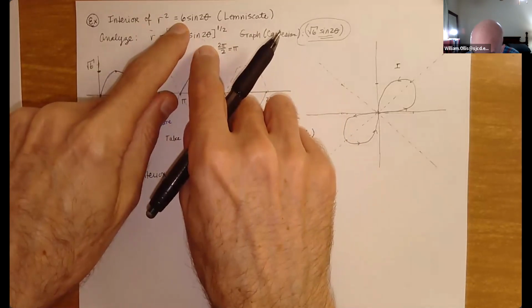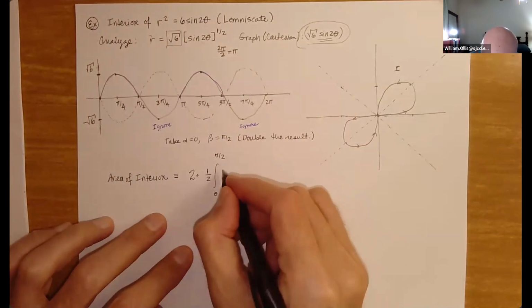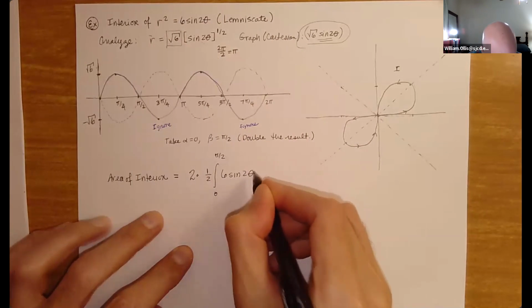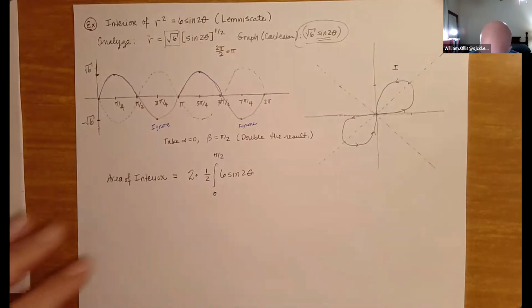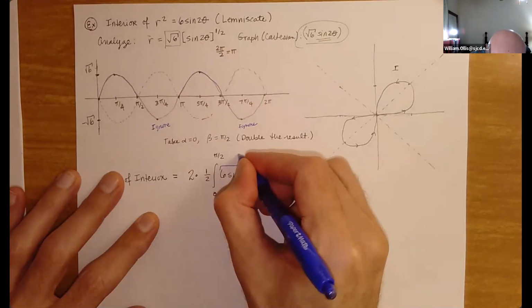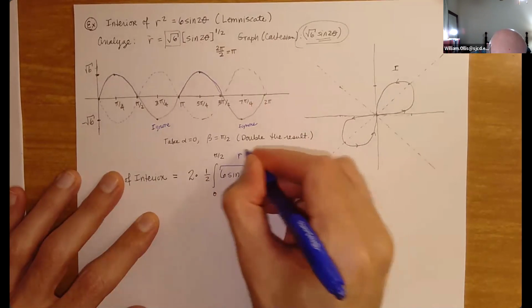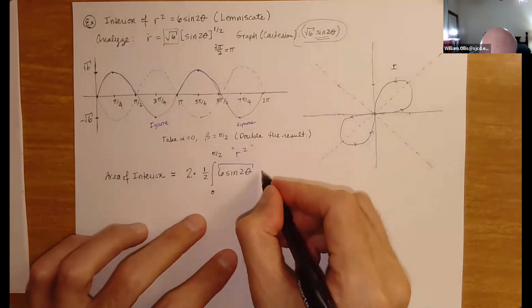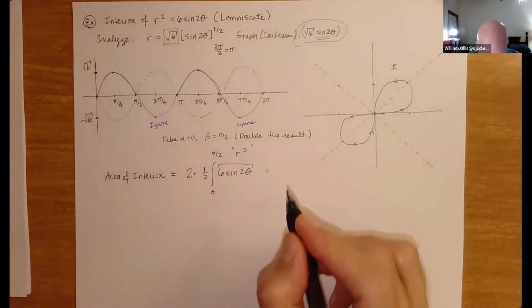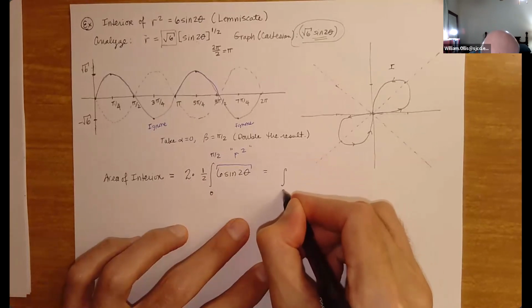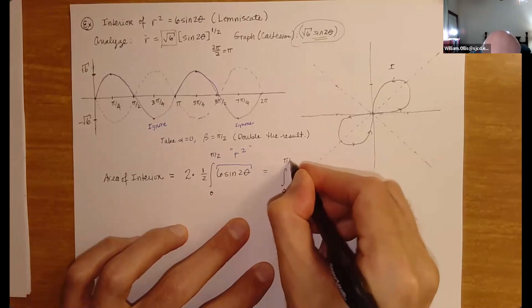And then when we square it, we get exactly that. So this is 6 sine 2 theta. Just remember, this is r squared, because we have to start with an implicit equation. So remember that when you do this. So this will give us, now if we look at this, this absorbs and we can factor the 6. So we get a real easy integral.